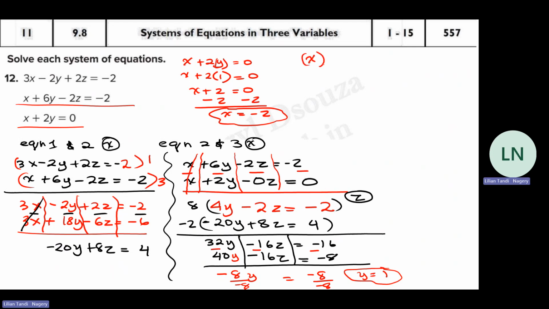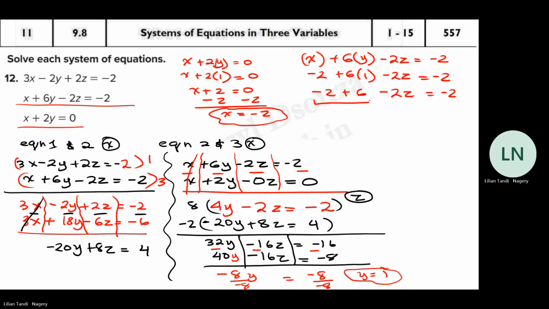X, you know, plus 6y, you know, minus 2z, you don't know, equals negative 2. Negative 2 plus 6 times 1 minus 2z equals negative 2. Negative 2 plus 6 minus 2z equals negative 2. 4 minus 2z equals negative 2. Subtract 4, subtract 4. This goes away.